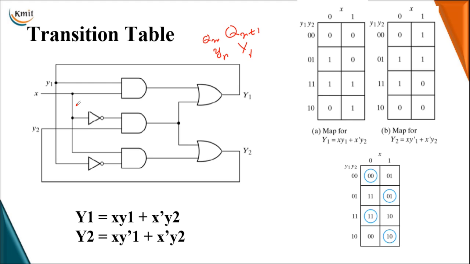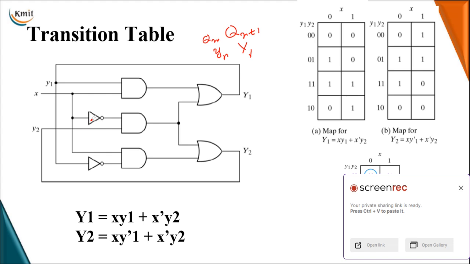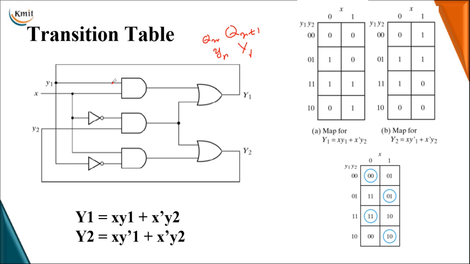Now let me learn how to derive its output function. By just observing the logical diagram, we need to obtain the equations of how it depends on your present input and present state, which can be derived from its expression. Now here we have y1, x and y2. In order to obtain Y1, it's the OR of two product terms.